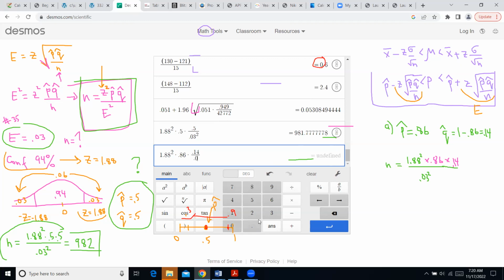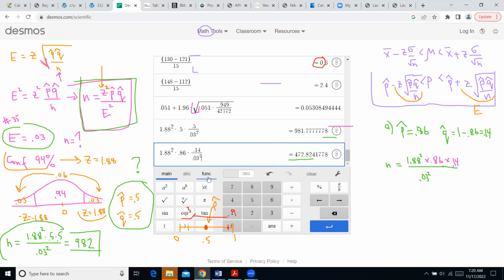We already know that it doesn't matter that we don't have this number such as 1.88 squared and 0.86 and the entire numerator, but it's the same thing because when we multiply, they go to numerator anyways. And notice that now the sample size is like twice smaller, 473, which tells us that it's a good idea to make an estimate first.